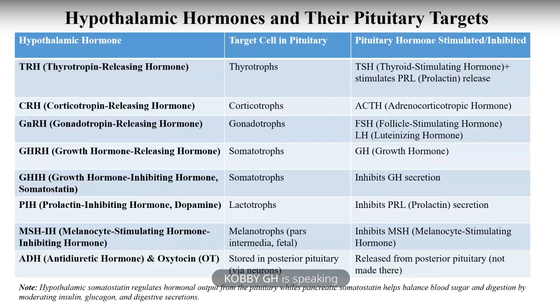The melanotroph will either receive a positive or a negative message, because it is a releasing and inhibiting hormone at the same time. The command depends on the level of melanin in the skin: either work, or relax.